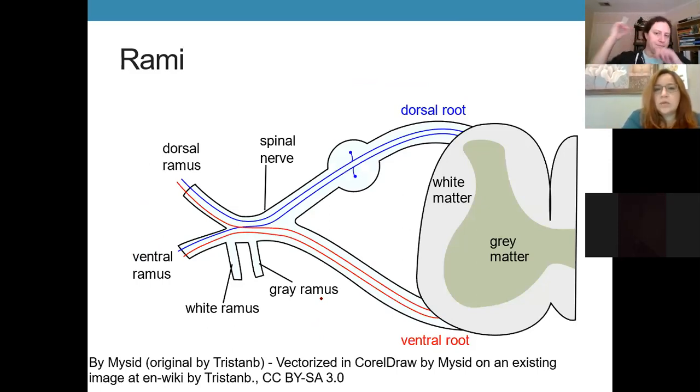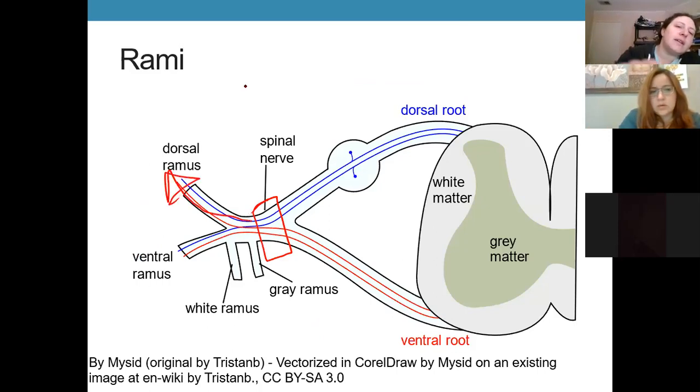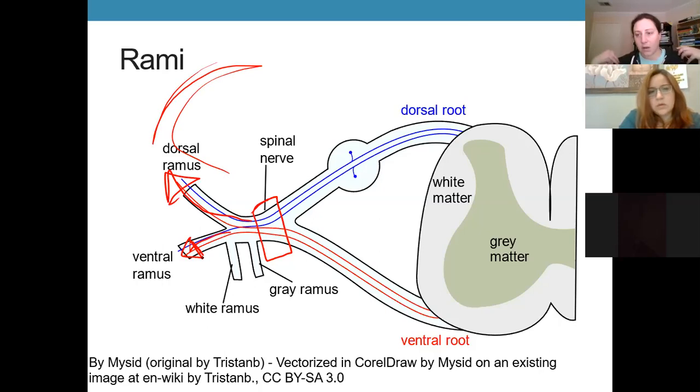Okay, so very diagrammatic, but here is the spinal nerve. It's like that long, and then it branches. So the dorsal ramus innervates the dorsal part of the body. The ventral ramus innervates the ventral or anterior part of the body, as well as all of the limbs.